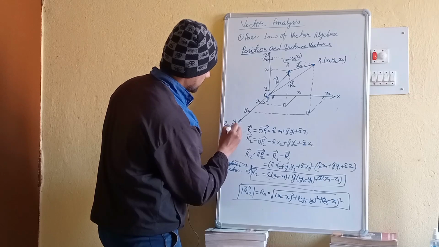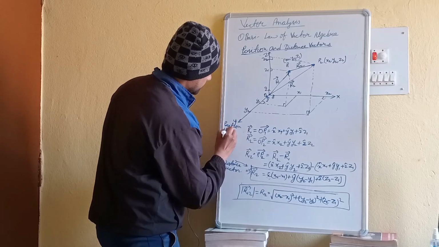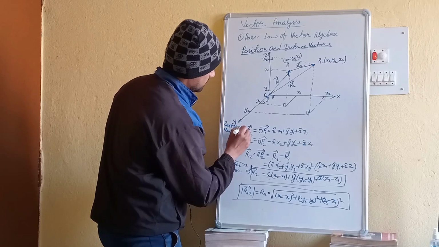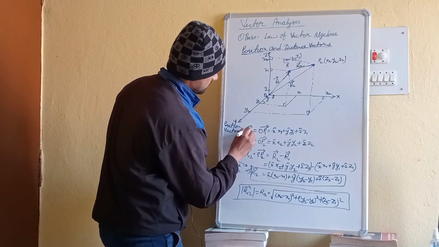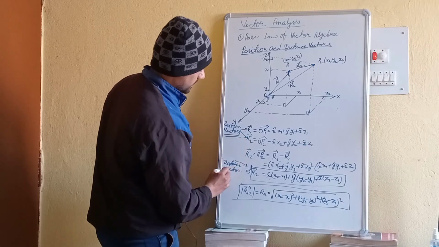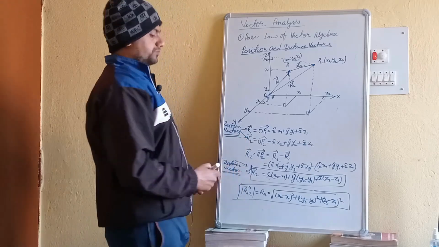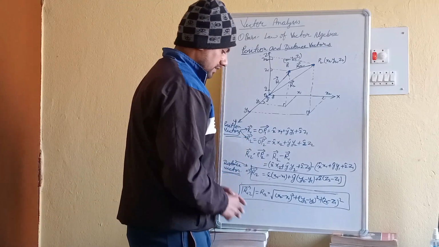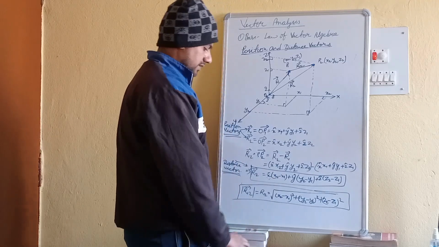If I write it down, it will be better. Position vector. So these two are position vectors. Okay, I think that is clear.